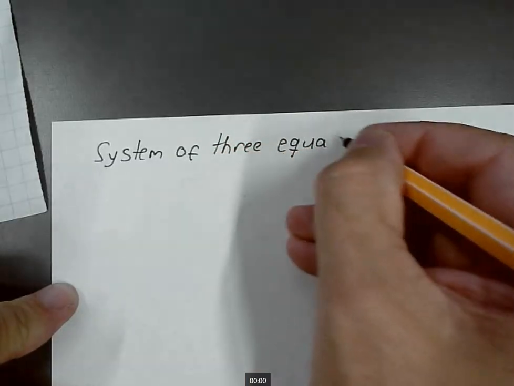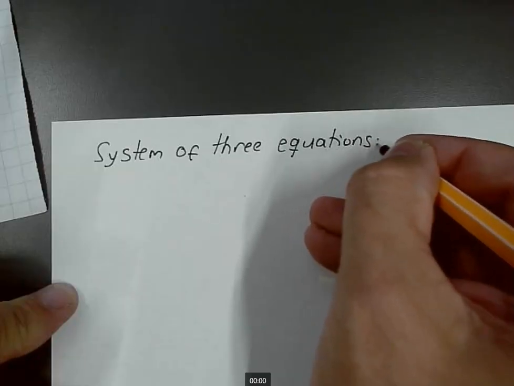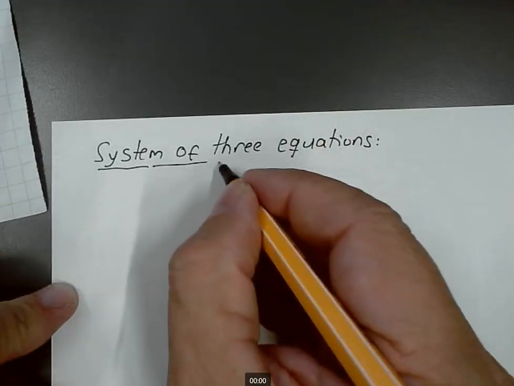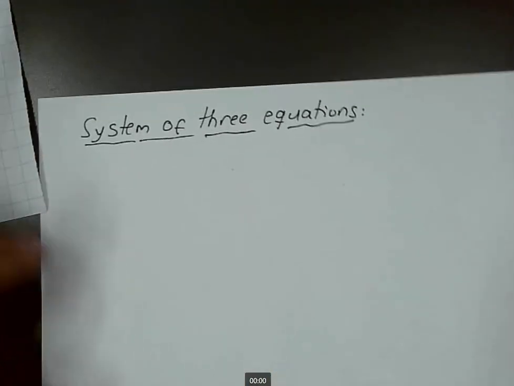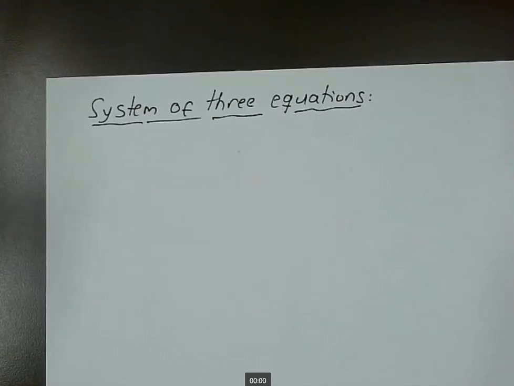And in this I will use the similar method as in this Cramer's rule. And actually I will use Cramer's rule, but the determinant there is not as simple as we had in the case when we had the pair of equations.